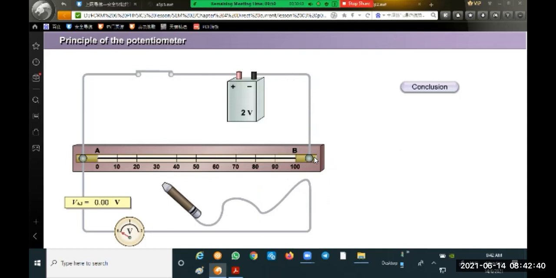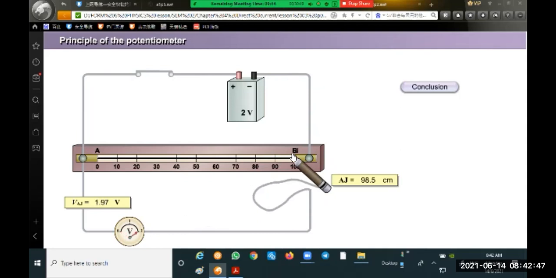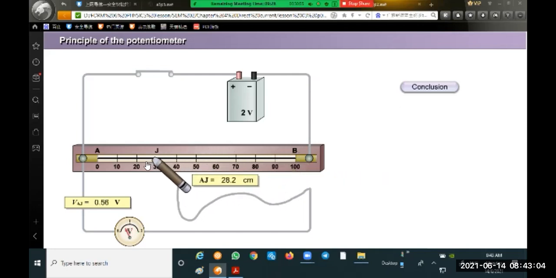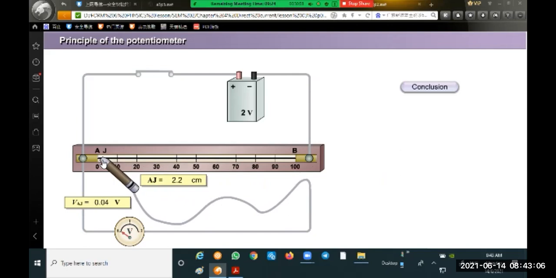Consider there is resistor 1 and the current also flows through the other resistor. From here they have the same voltage, because the voltmeter and the potential across points AB are equal, because they are in parallel. So when the AJ distance reduces, the potential also reduces.